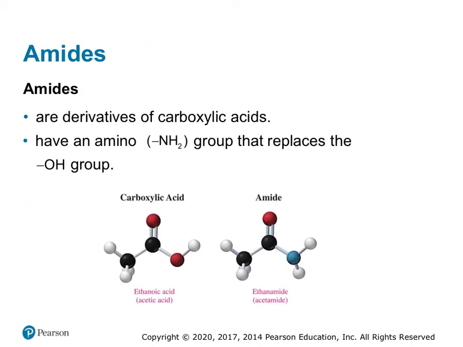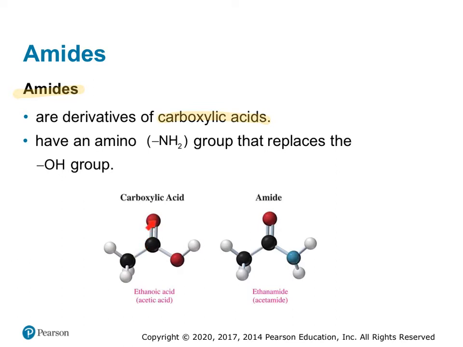The second functional group we're going to talk about today are called amides. And amides are derivatives of carboxylic acids, which we talked about previously. So here we have a carboxylic acid, acetic acid or ethanoic acid.